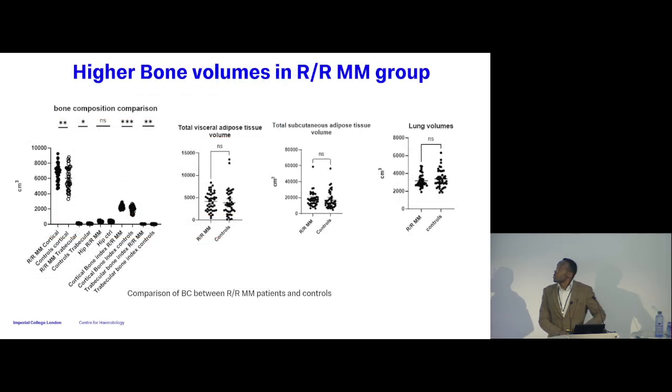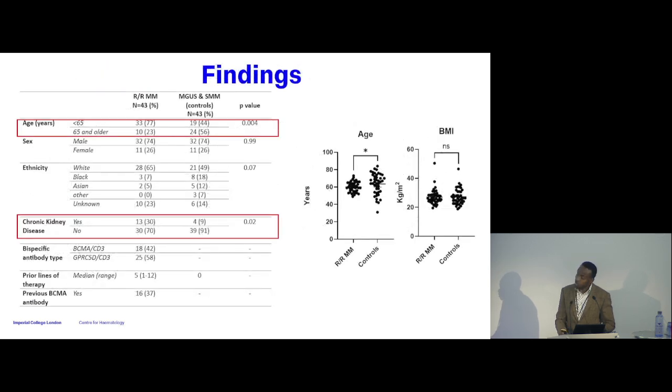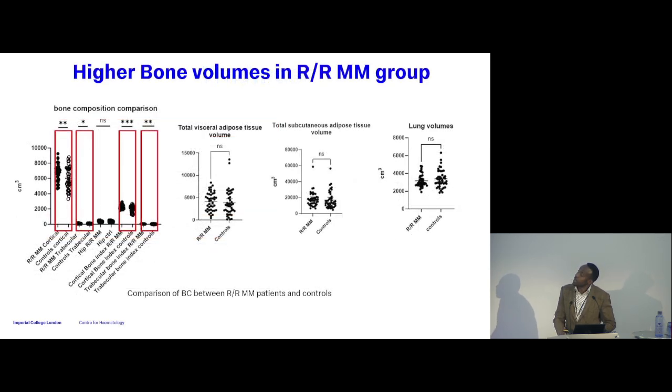What did we find? Compared with the controls, we found that patients with relapsed refractory myeloma actually had greater bone volumes, both cortical and trabecular bone, as shown in the image on the left.